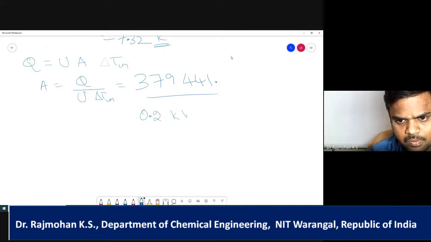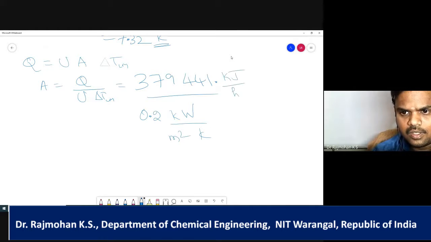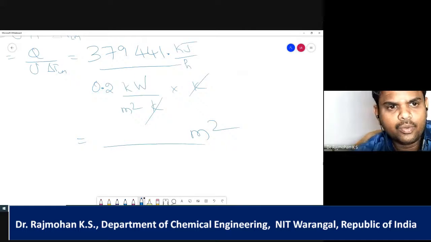0.2 kilowatts per meter square Kelvin. So Q is in kilojoules per hour and delta T is in Kelvin. So we have Q by U delta Tm equal to 379,441 kilojoule per hour, divided by 0.2 kilowatt per meter square Kelvin into Kelvin. Okay, so we have to convert that to seconds, right? So that we have to take care.